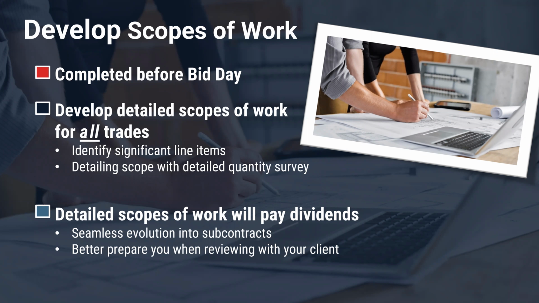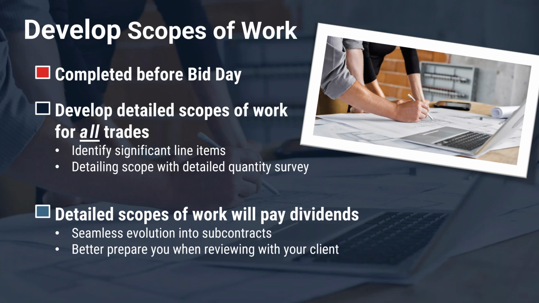How does that actually give me a winning advantage? It gives you a winning advantage because you know what your subcontractor is supposed to price for you. Even if you do repetitive work like a Burger King or a McDonald's or a Walmart, having a detailed scope of work for every trade will help you analyze the bids better.